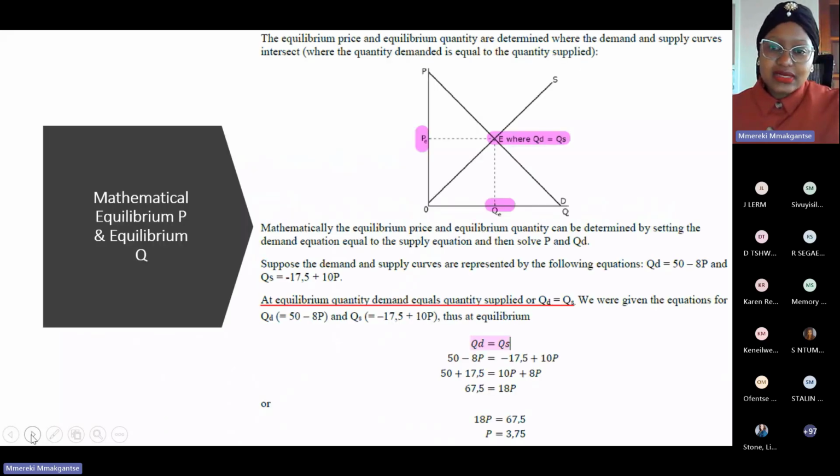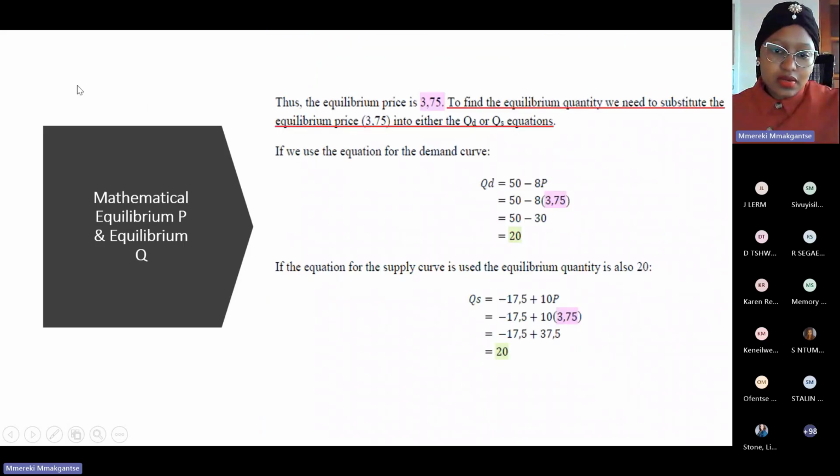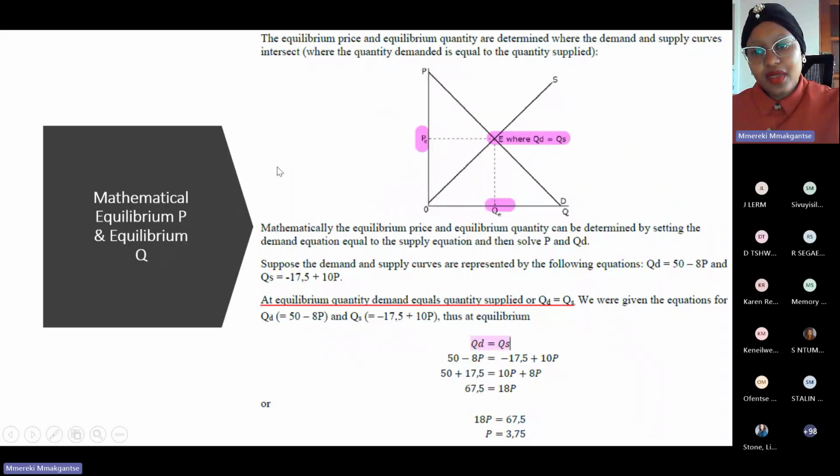Now, looking at them together, we're going to set them equal. Remember, at equilibrium, quantity demanded and quantity supplied are the same. They need to be equal at the same price.